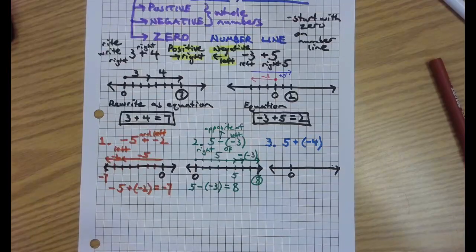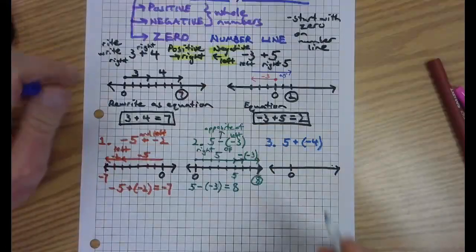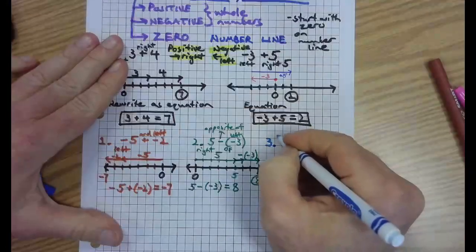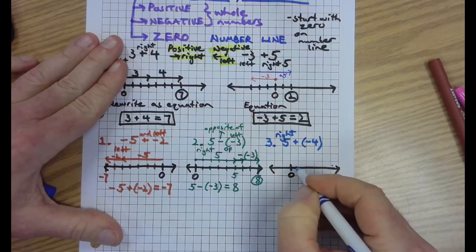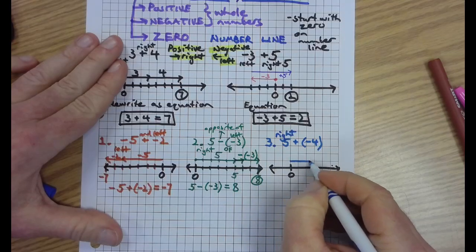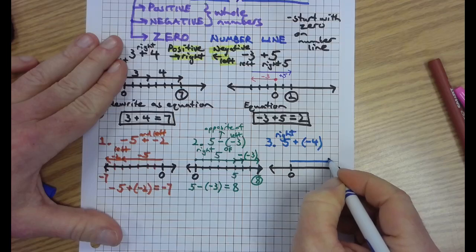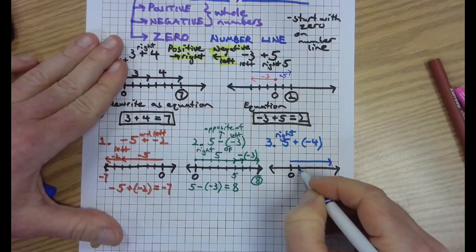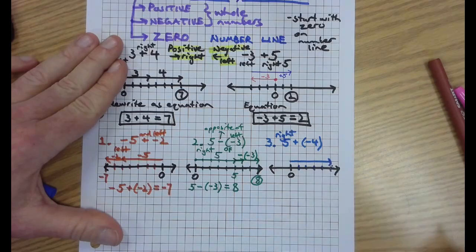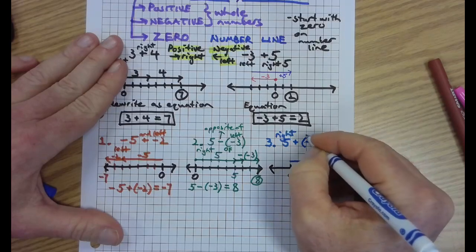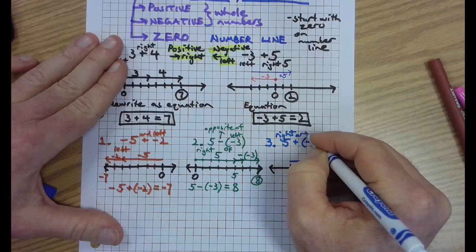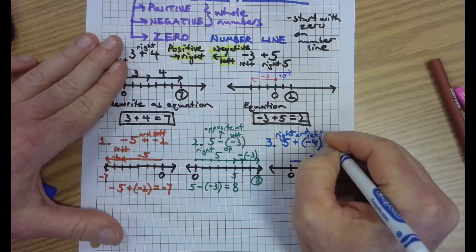And finally, third and last one. Boom. Right 5. 1, 2, 3, 4, 5. Did I count right this time? Right 5 and left 4.